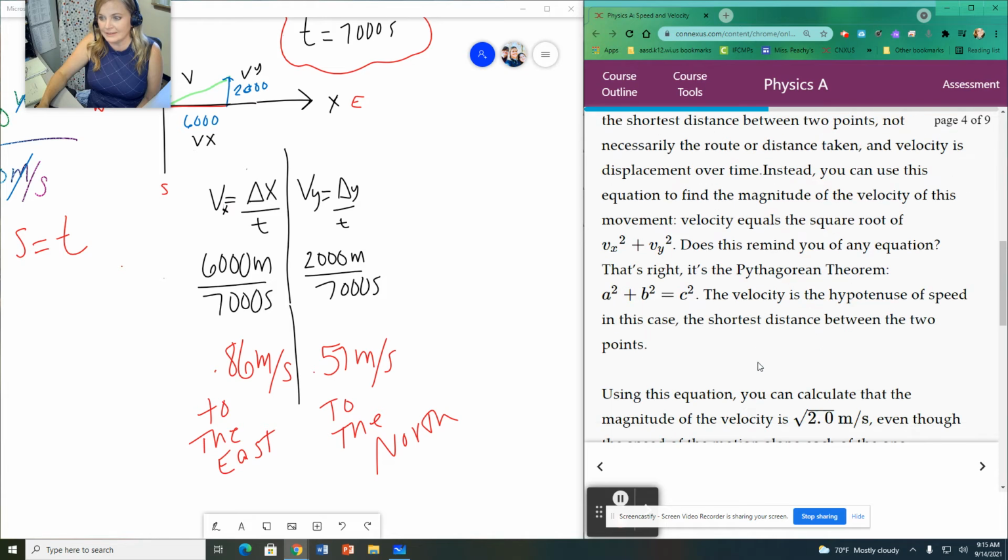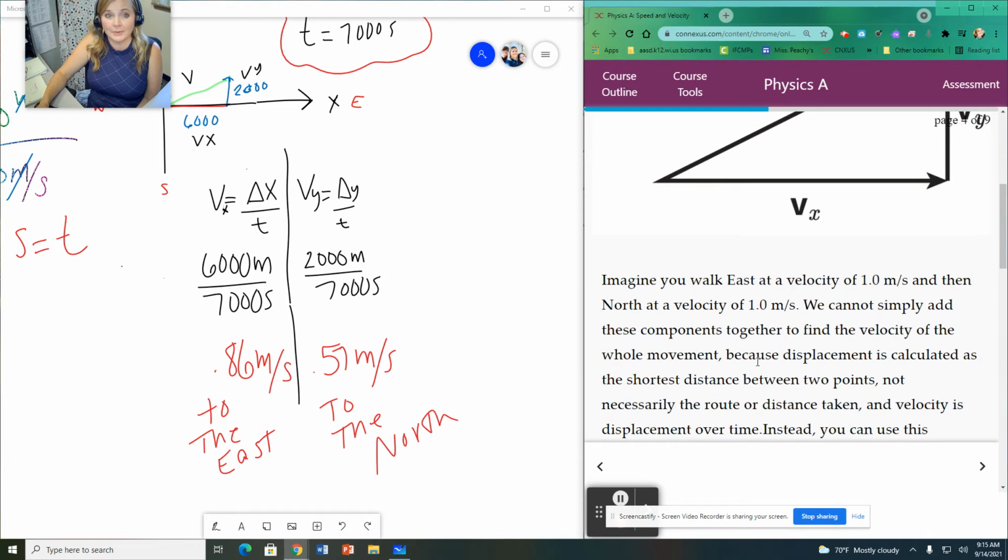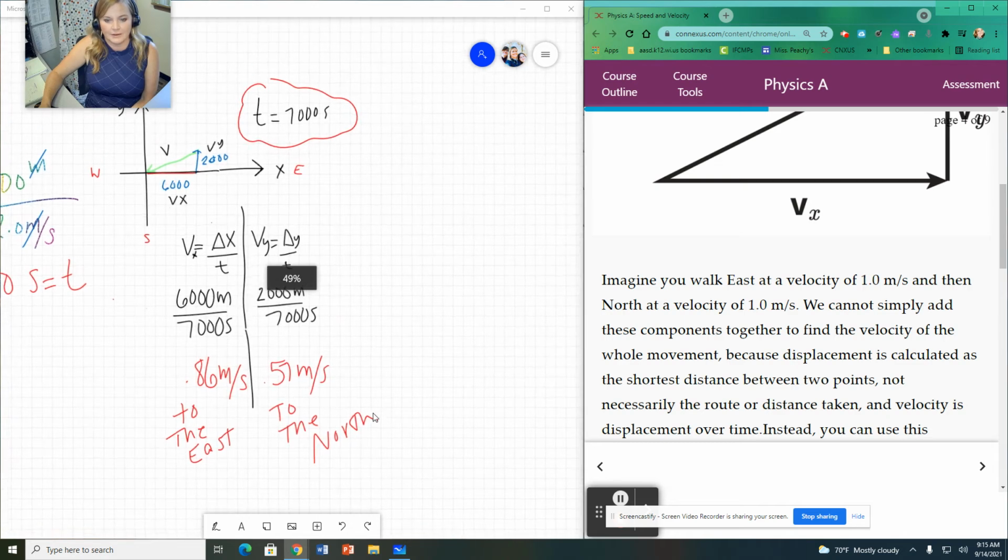So we can figure out our net velocity. So let's do that. I know that's not exactly what they're doing in the lesson, which is fine because it's good to have multiple ways to practice. If you're only practicing the lesson problem and nothing else, then you pretty much know how to do that problem, and sometimes it's hard to apply it to other things. So let's go ahead and do that here.